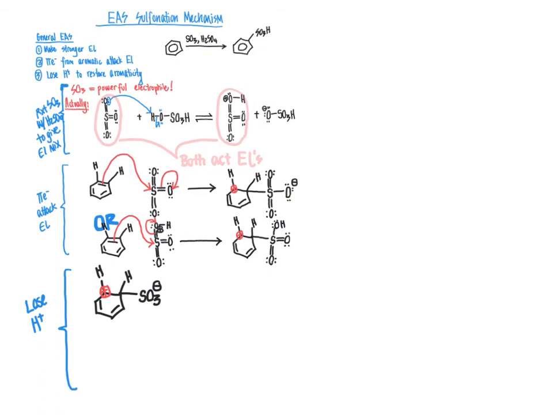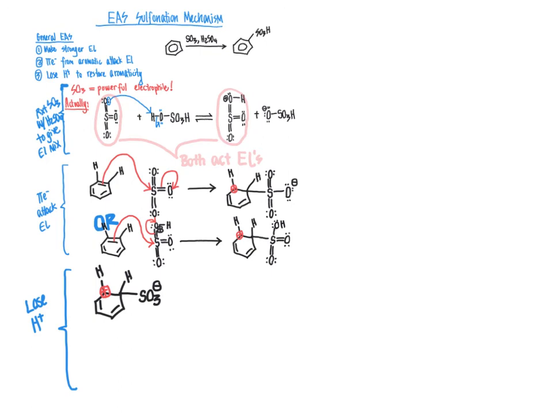And what's going to happen here is that we'll bring in a base to grab a proton from the beta position, beta relative to this alpha position that has the carbocation. So we come over to the beta position, grab a proton here, and that's going to force the bond between carbon and hydrogen to come over to restore the aromaticity. So let's show that happening. And what will we use as our base here?